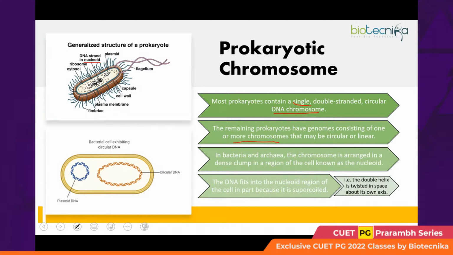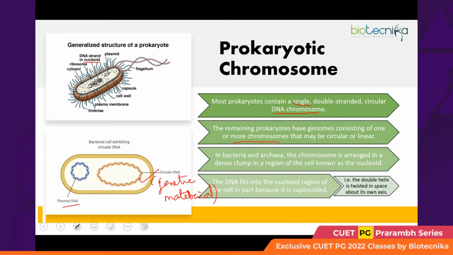Usually they will have one main chromosome, which is called the genetic material of the cell, and along with that some plasmid DNA. This plasmid DNA is also a circular, double-stranded DNA molecule, which has the ability to replicate autonomously, that is, its replication is not dependent on the cell's replication.